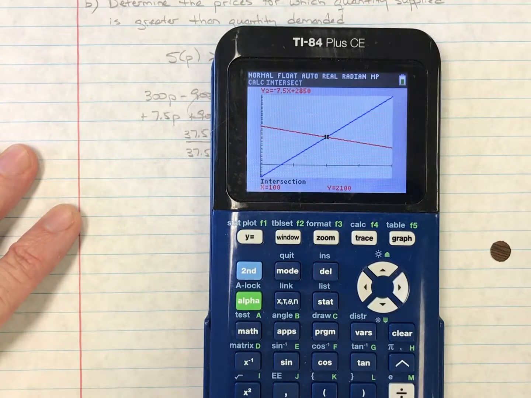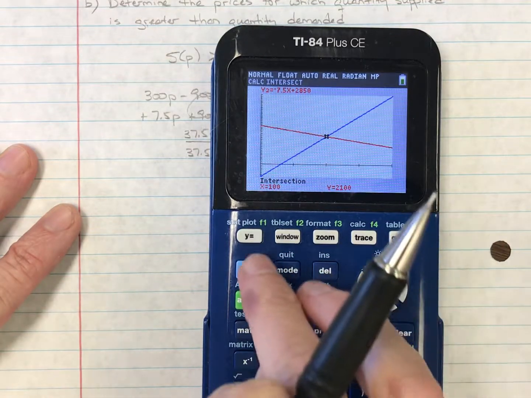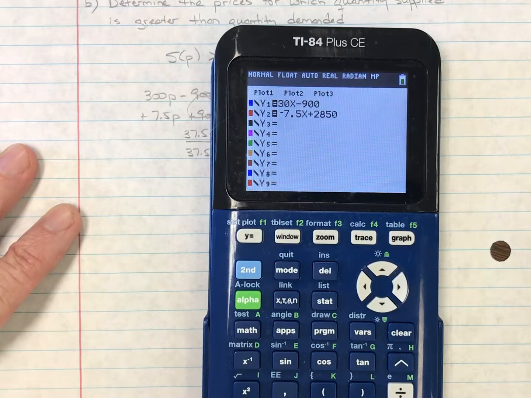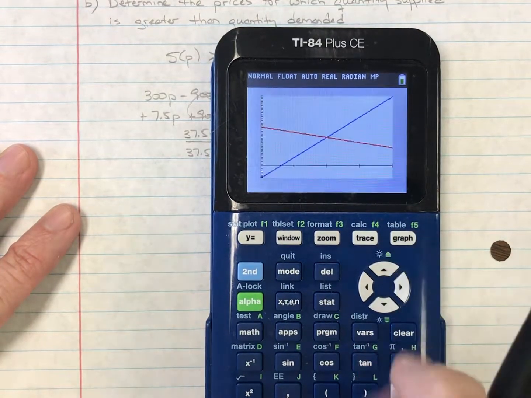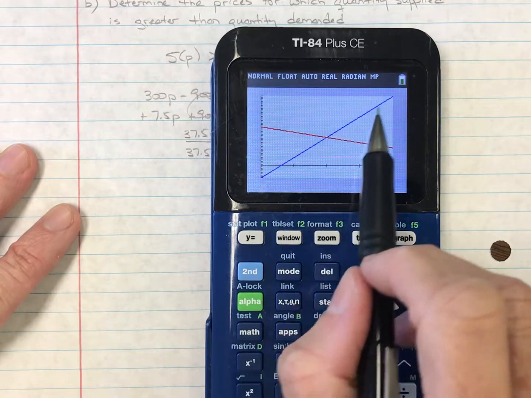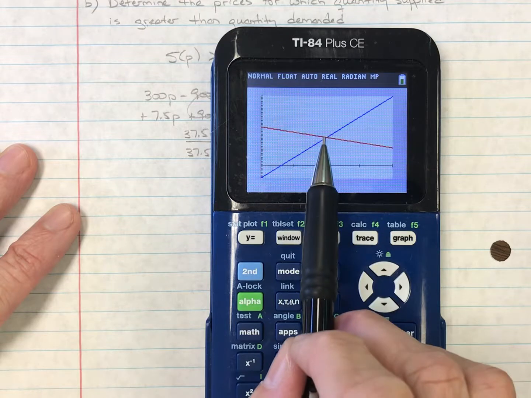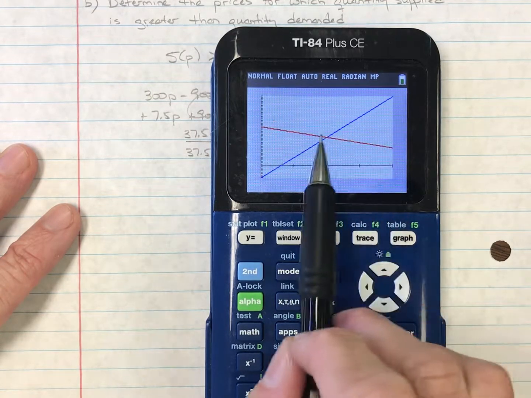Okay, so here's our graph, and let's go back to my y equals. My blue was my quantity supplied. That was my S. I want the blue to be above the red. Where's the blue above the red? It's above the red from this point, above when the number is greater than this point.